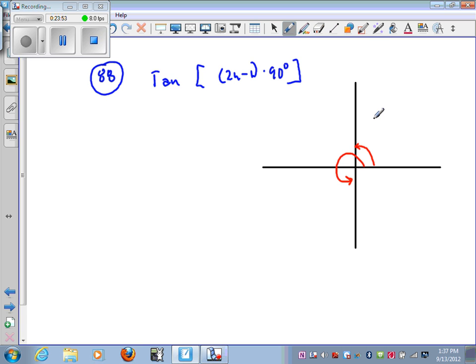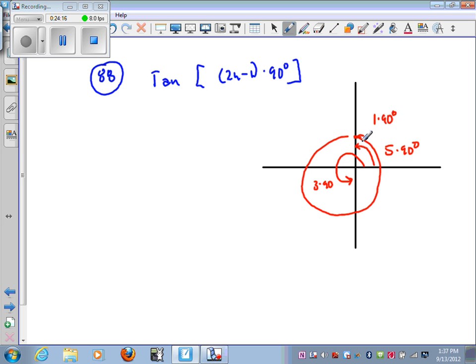See, because this would be first odd number, 1 times 90. Then this one would be 3 times 90, 270. 4 would get me here, but 5 would get me up here. So the next angle I have is 5 times 90.